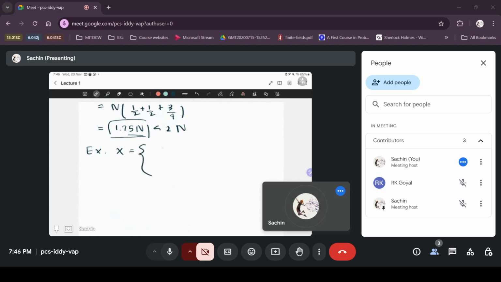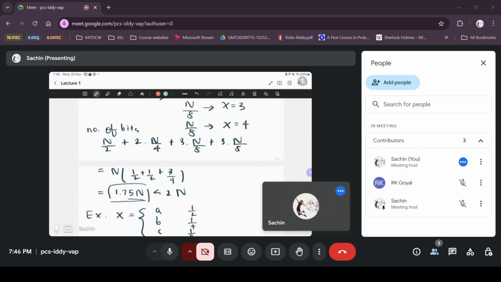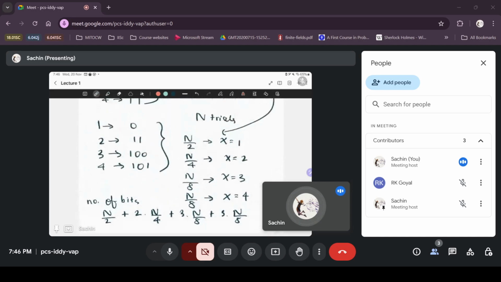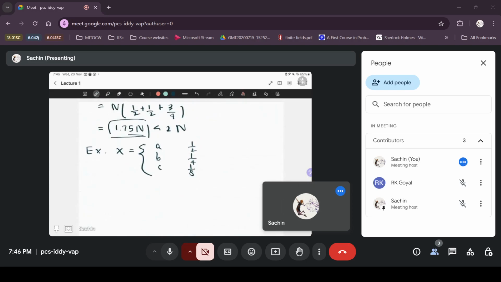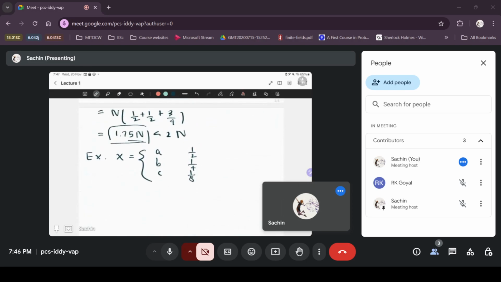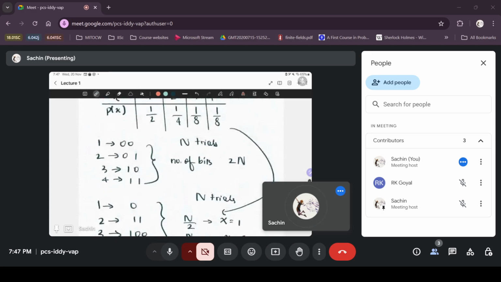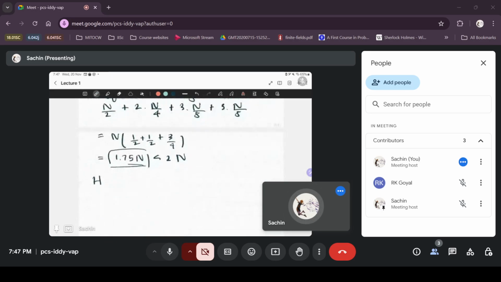X takes the value A with probability half, X takes the value B with probability 1 over 4, takes the value C with probability 1 over 8. So it's this same example. So let's just continue it. We didn't actually calculate the entropy directly here, right? We didn't use a formula to calculate the entropy.